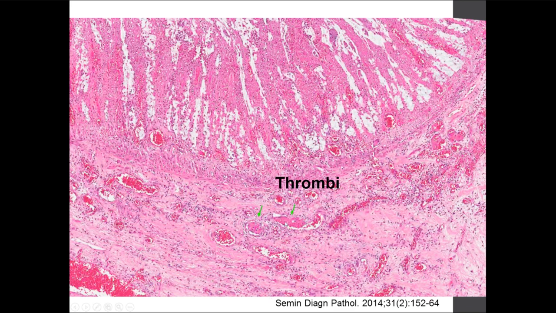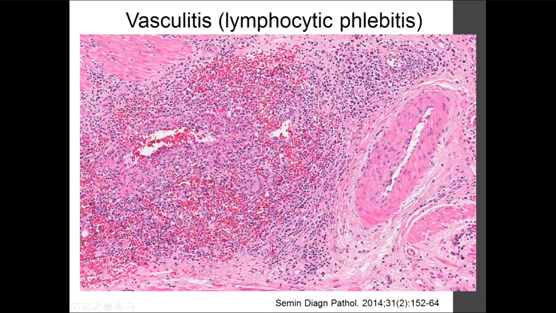But I pointed out this thrombus here because this is something that we should be looking at. We should be looking at underlying causes leading to this ischemia. Sometimes it's vasculitis. This is another case that I had. This was a case of lymphocytic phlebitis.